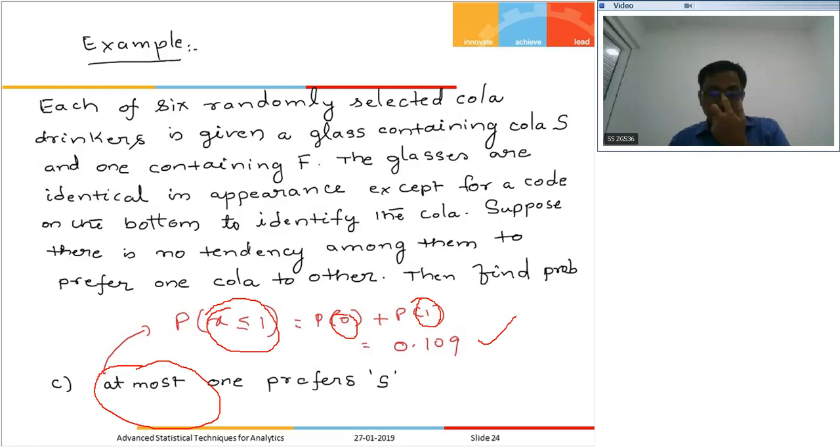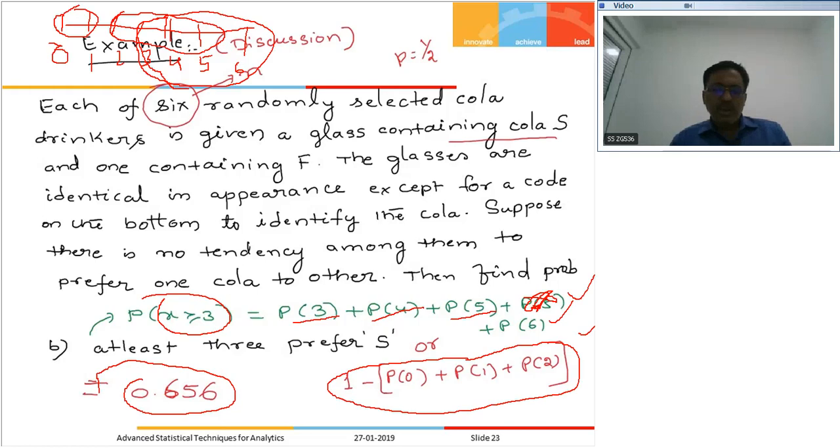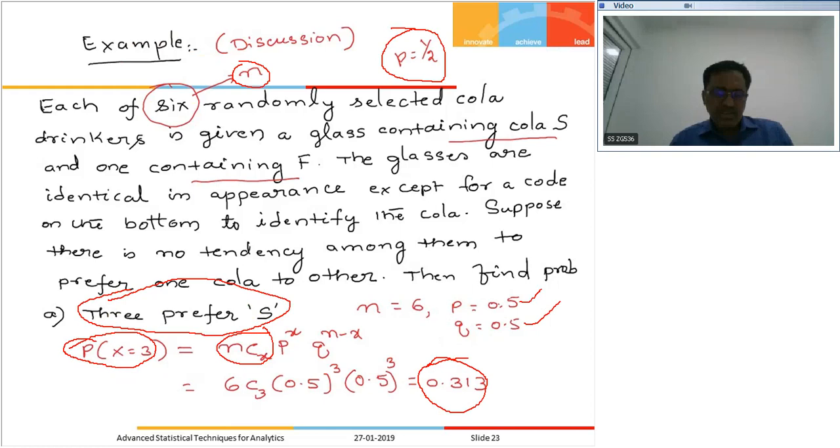P of 0 is not going to be 1 actually. P of 0 we need to calculate where x equal to 0. Suppose you take this example, we need to calculate P of 0. That means x is 0. 6C0, 0.5 whole power x, that means 0, and 0.5 whole power 6 minus 0, that is 6. 6C0 is always 1.